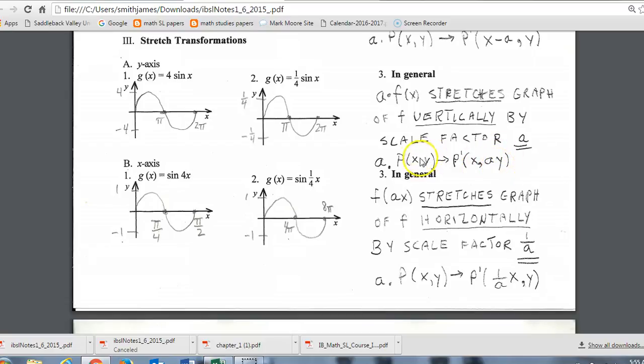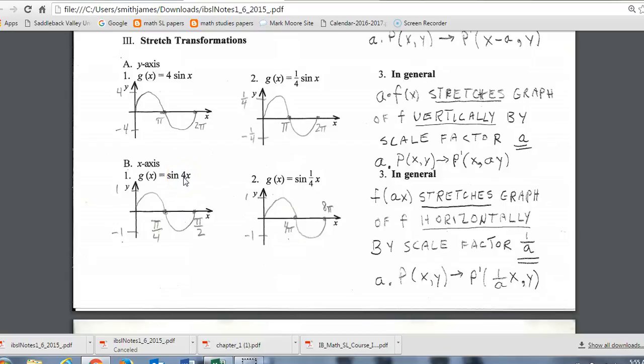If I took any point in its original form, if I just multiply the y coordinate alone by my a scale factor, then that's going to give me the new coordinates for my graph. Some people like to do this algebraically, like the way that you see here, but you can also do this visually if you have a graph to work with.